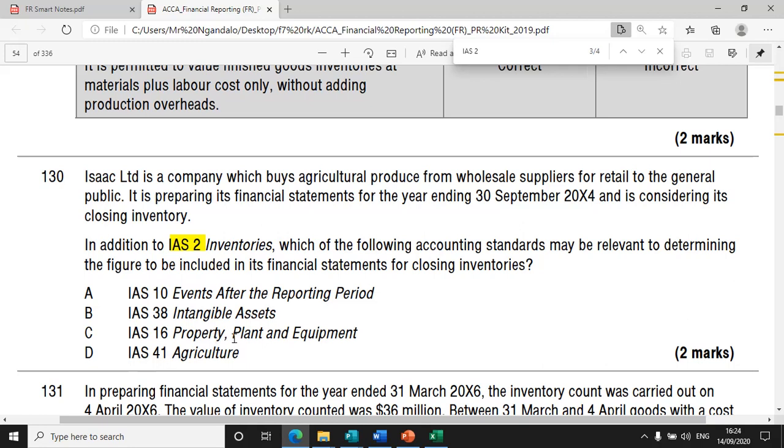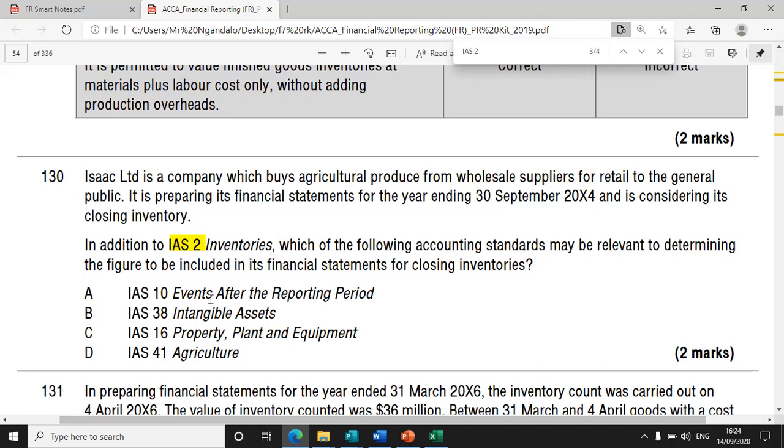All right. This was going to be a close call. In addition to inventories, which of the following accounting standards may be relevant to determining the figure to be included? All right. It deals in agricultural produce, so they should already be using IAS 41. But in this case, they buy this as merchandise from wholesalers, so IAS 41 is kicked out already on that point, unless they were the ones in the process of plant management or animal management.